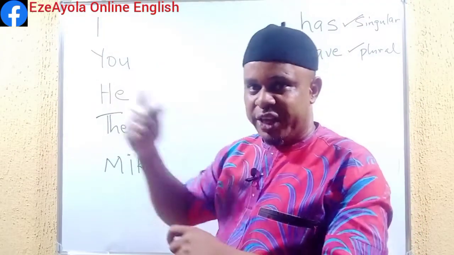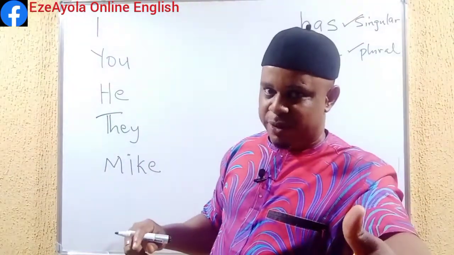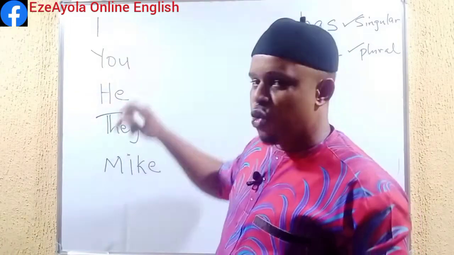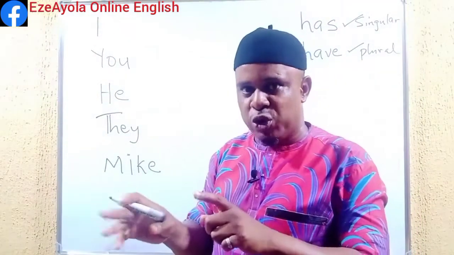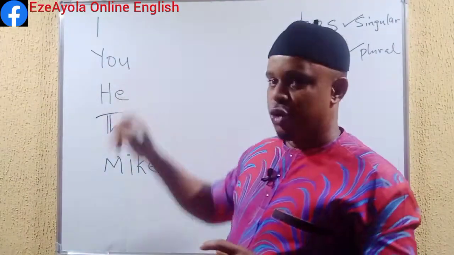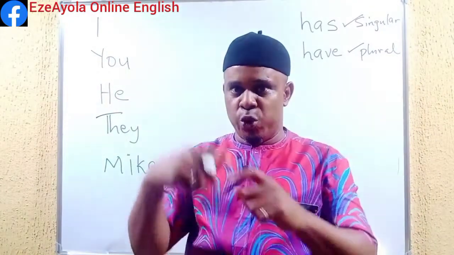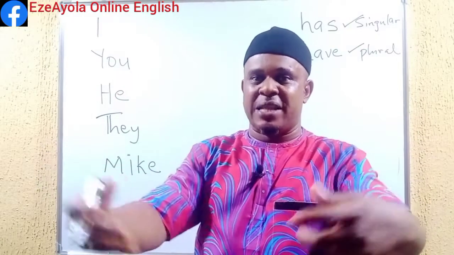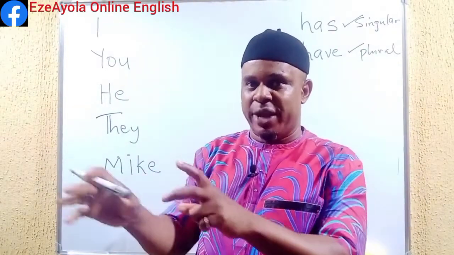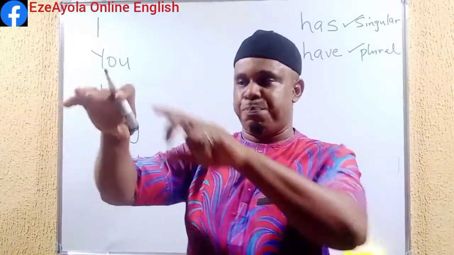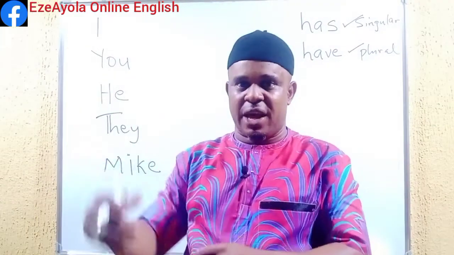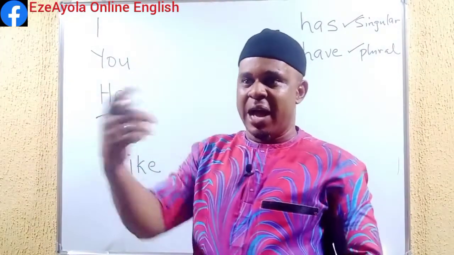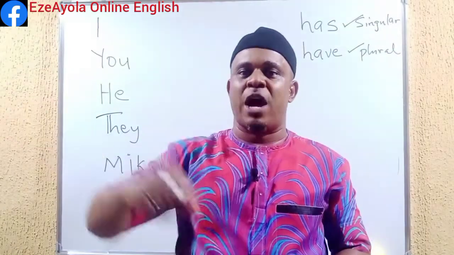You is equally a personal pronoun in the second person, but the you can be singular, you can be plural. We have you for one person. We use the same you to address people that are more than one, like when we have 2, 3, 4 people that are seated together or in their group, I could use you to address them.